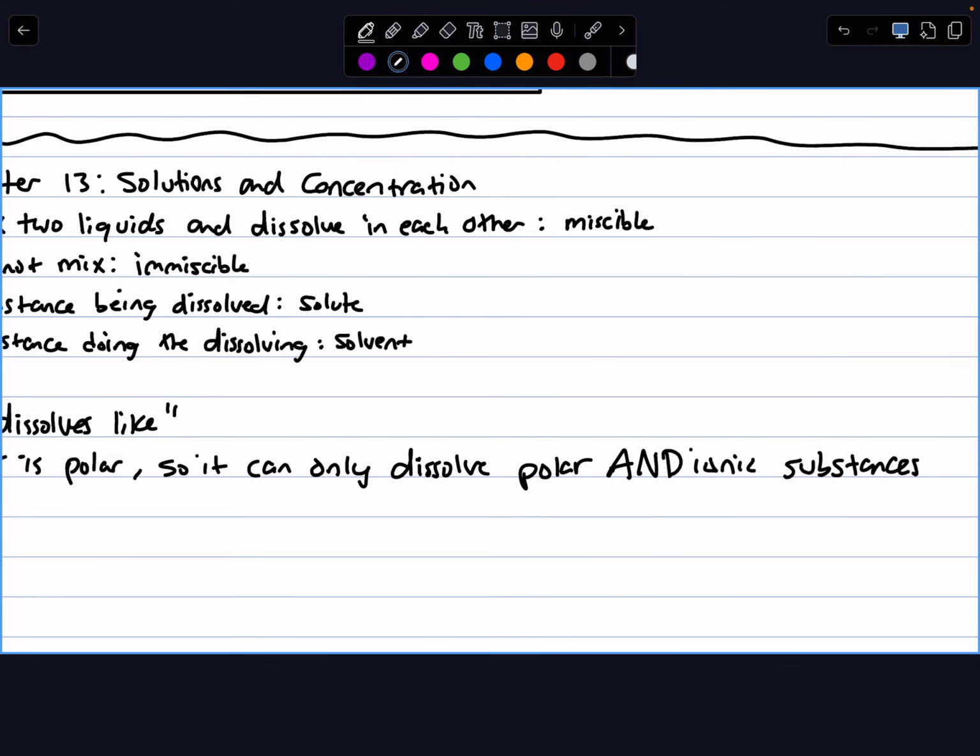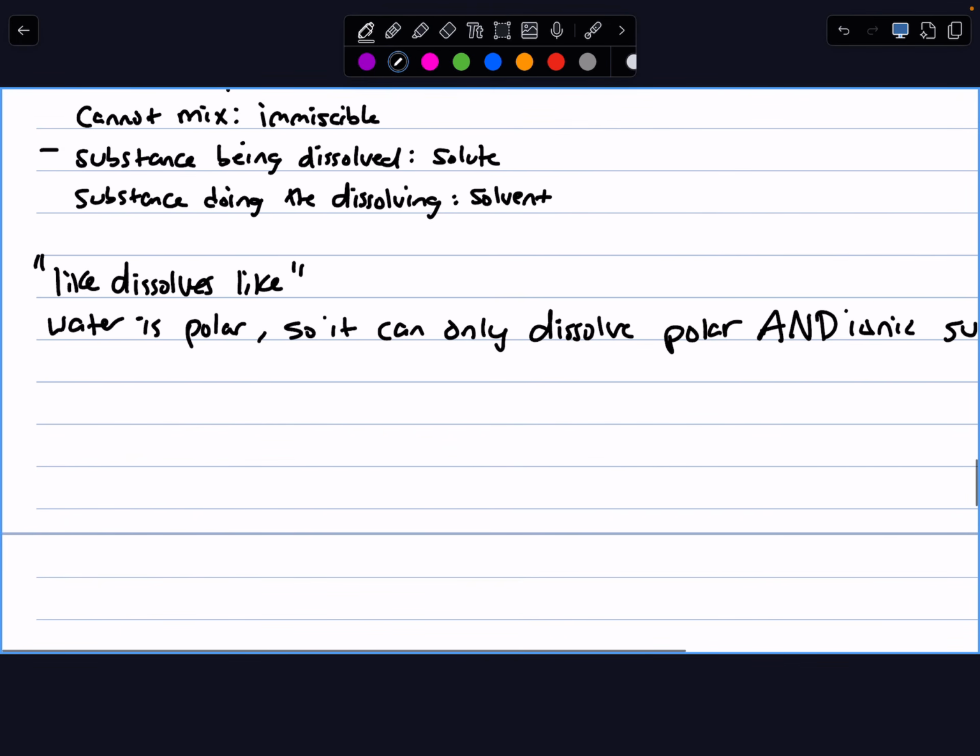Remember, not every ionic substance is soluble. You have to look at the solubility table. But I'm not asking you about ionic. So how do you figure out if something's polar? I'm going to give you one of them. C6H6. I want to know if that's soluble.